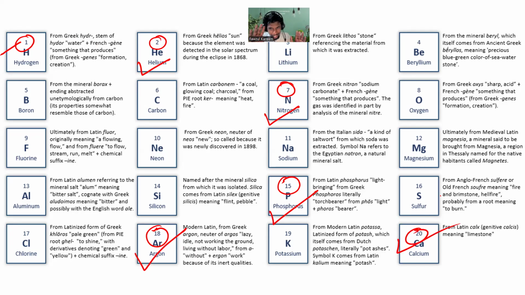So the atomic number, the number of protons, is a unique character and it will differ for each and every element. Fine.